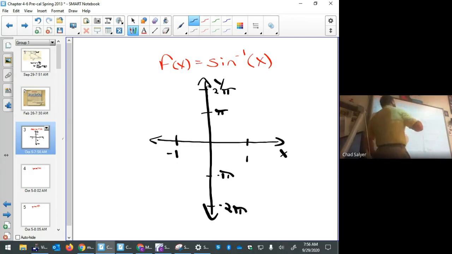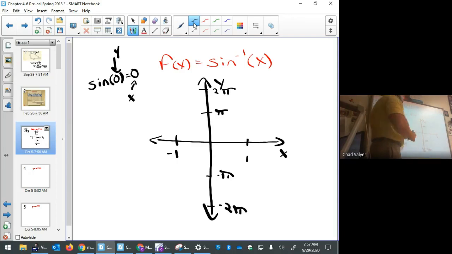So if we just put some points on there that we know to be true, remember that the sine of 0 is 0. So we use the ratio as the x and the angle as the y. It doesn't matter in this case because they're the same. But the origin here. And then the sine, we'll do the quadrantals.